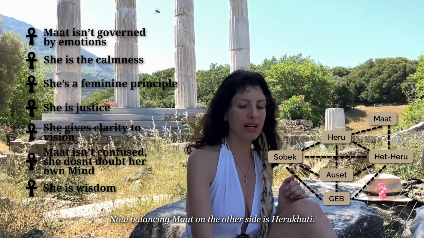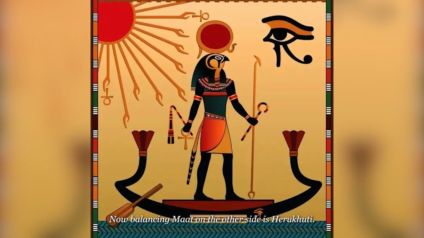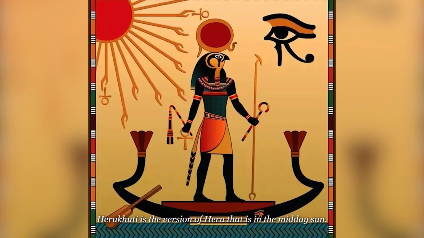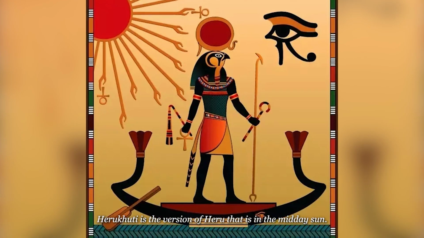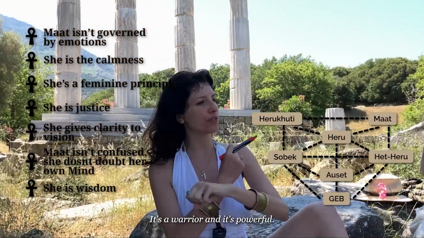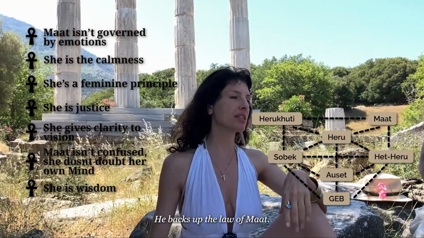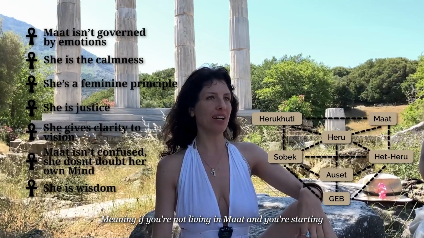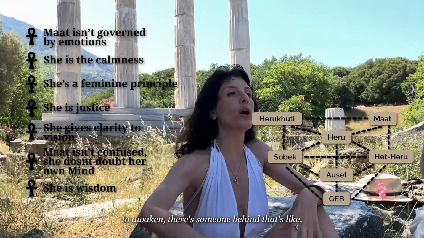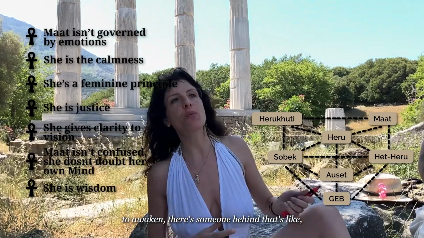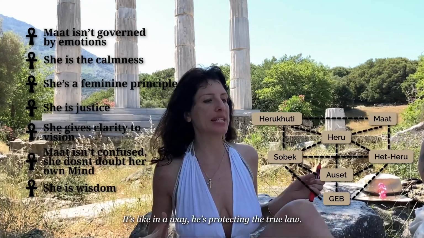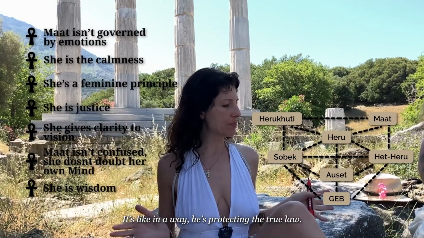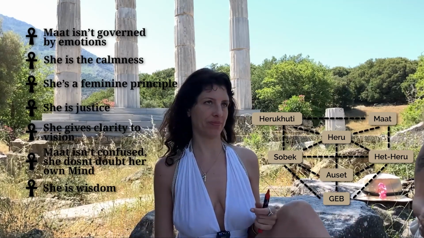Now, balancing Ma'at on the other side is Herukhuti. Herukhuti is the version of Heru that is in the midday sun. It's a warrior and it's powerful. And what does he do? He backs up the law of Ma'at. Meaning, if you're not living in Ma'at and you're starting to awaken, there's someone behind that's, in a way, protecting the true law.